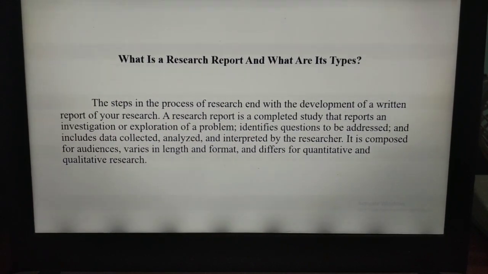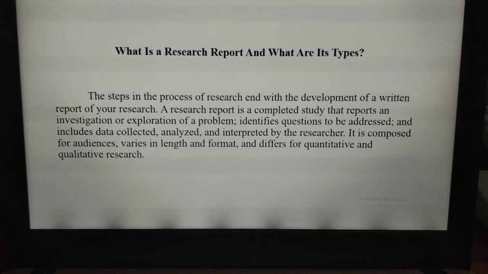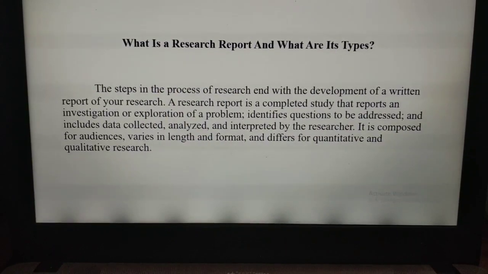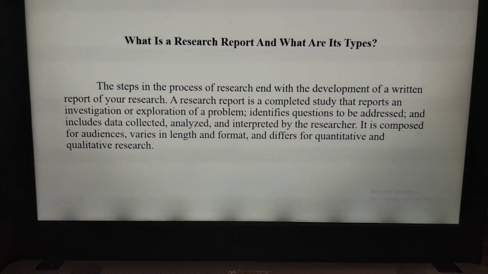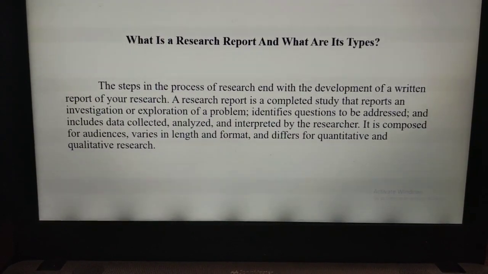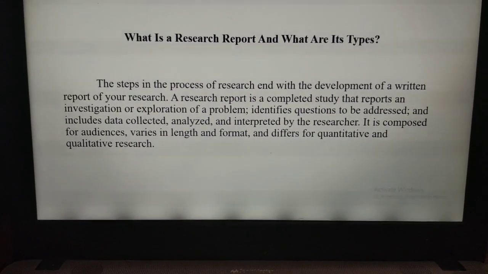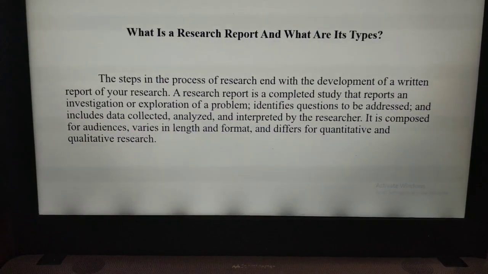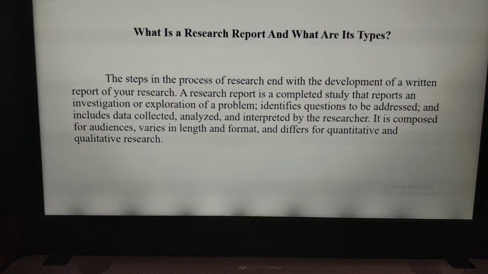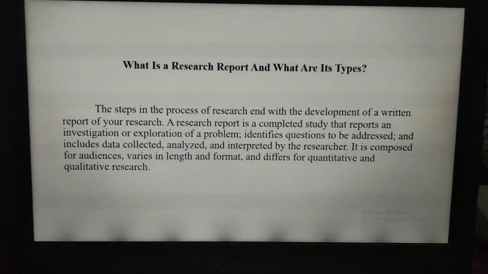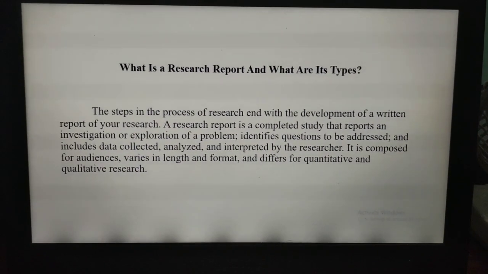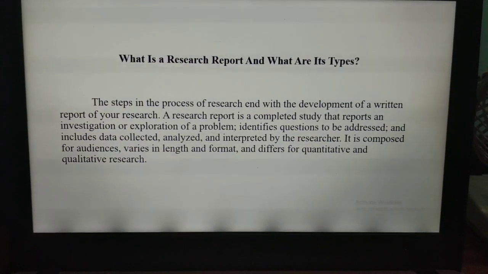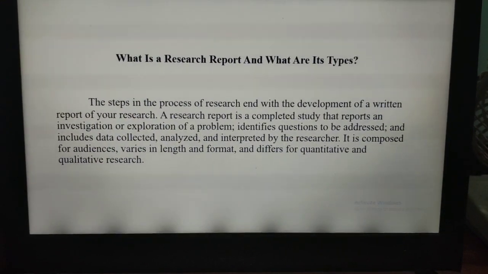What is a research report and what are its types? The report is the final product of the research process and the development of a written report. A research report is a completed study that reports an investigation or exploration of a problem, identifies questions to be addressed, and includes data collected, analyzed, and interpreted by the researcher.